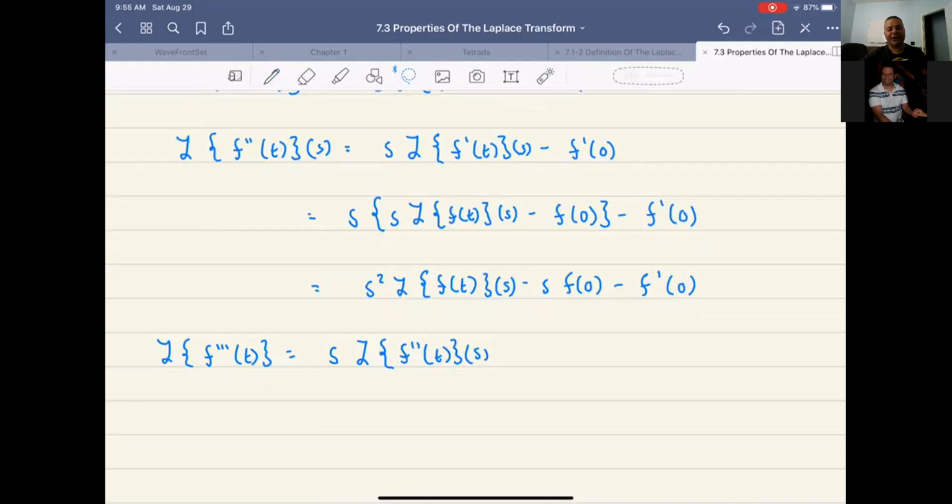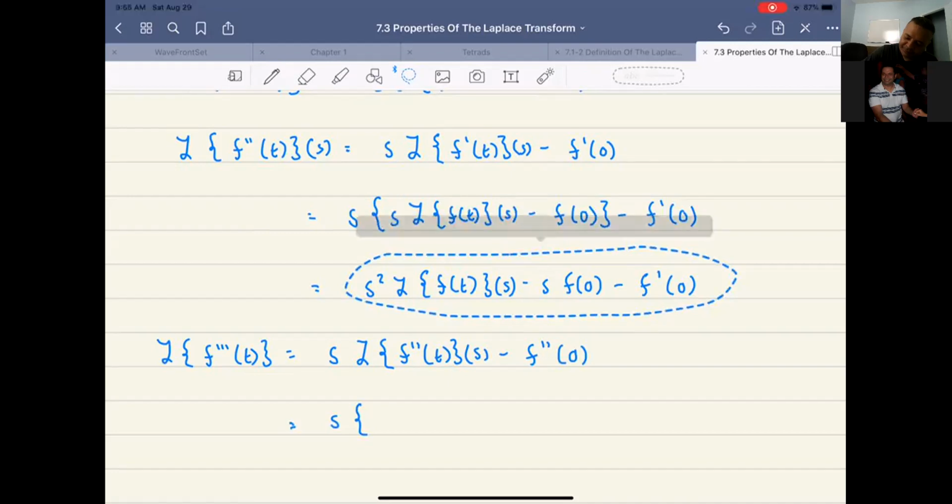Okay, so as I was saying, L of f triple prime is s L of f double prime of s minus f double prime of 0. Now we have an expression for L of f double prime. That's going to be s times, let me just copy and paste here.